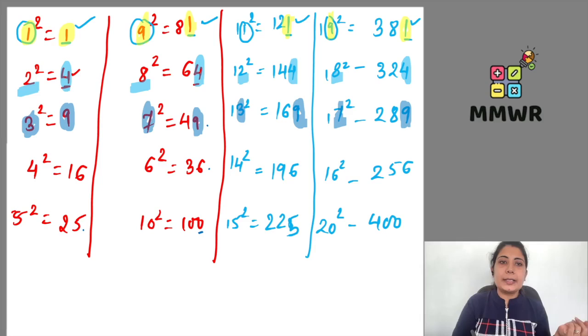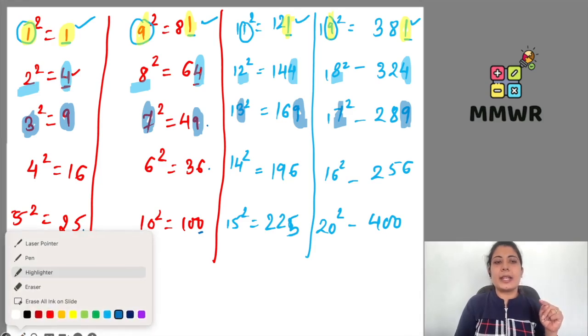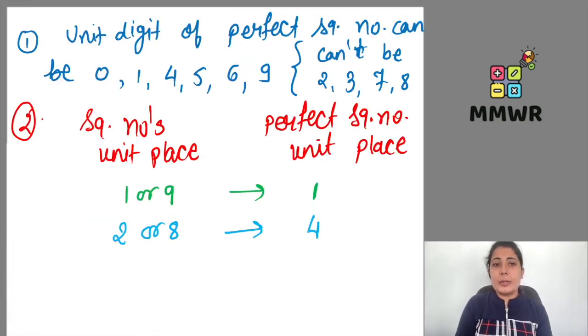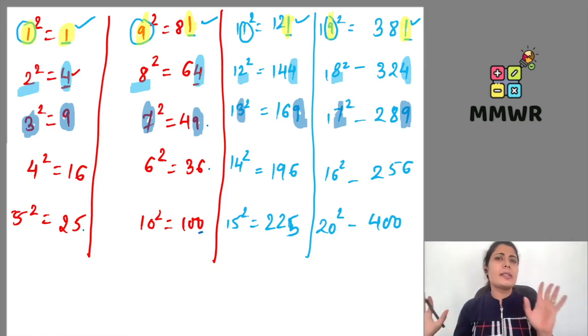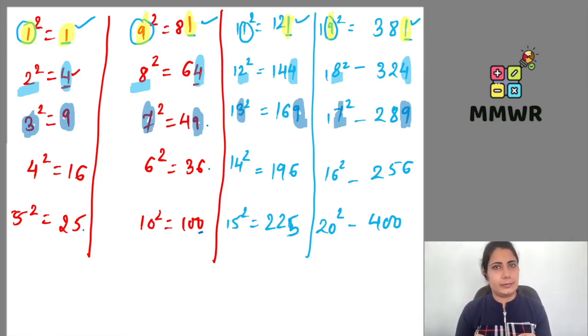So whenever either 3 or 7 is there at the unit place, we will always have 9 at the unit place of the perfect square. So if 3 or 7 is there at the unit place, then its last digit is always going to be 9.